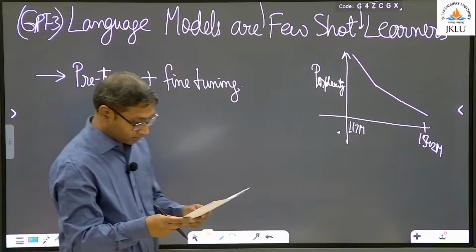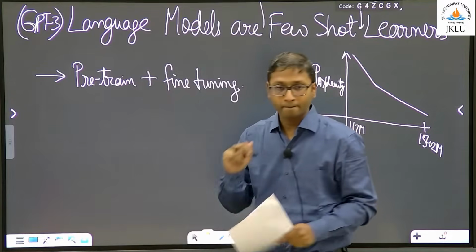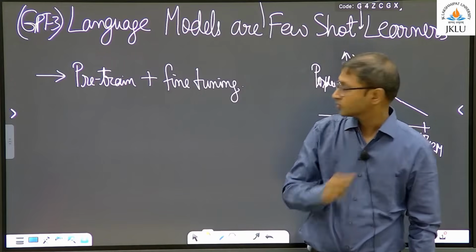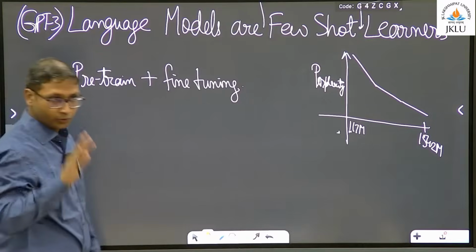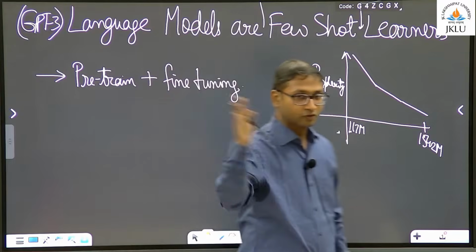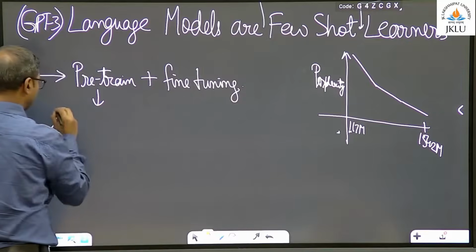Now, what are the problems with this method? What are the problems with fine-tuning? See, pre-training is a nice thing. You do it on some task, you do it for the full data set. So this gives you some kind of language understanding.